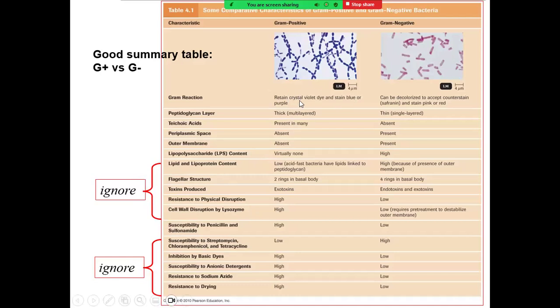It has a thick peptidoglycan layer, and the gram-negative is a thinner peptidoglycan layer. It's not single layer. This is a mistake in this table. It's about 3 to 20 layers of peptidoglycan.